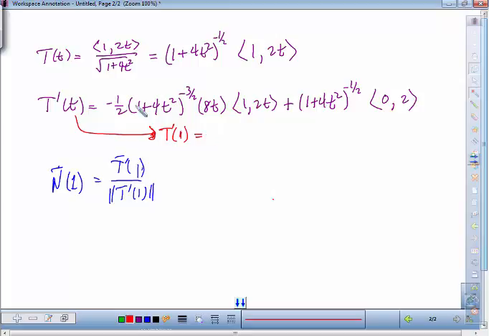All right, let's put 1 in there and let's see how simple it'll get. Let's see how things simplify. So this is gone. This is 4. 4 times 1, negative 4 over 5 to the 3 halves.